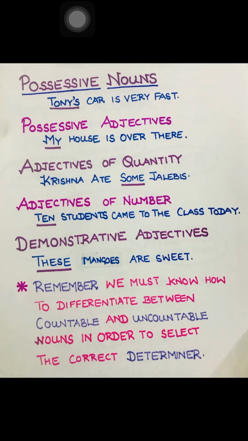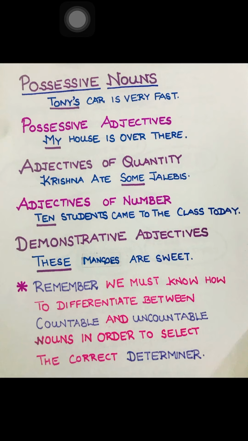Yes, it is these. This word these is acting as a demonstrative adjective and is modifying the noun that follows. And what is the noun that is following? It is mangoes, right? So these were all the categories of determiners, children.